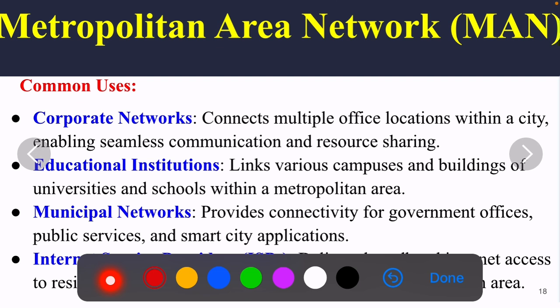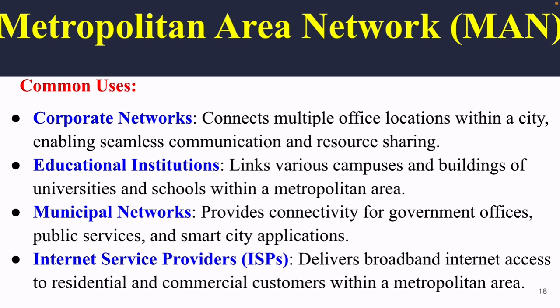Municipal networks provide connectivity for government offices, public services, and smart city applications. Internet service providers deliver broadband internet access to residential and commercial customers. So it is used by all the people or organizations who can use multiple functions of the metropolitan area network within a range of 5 to 50 kilometers.